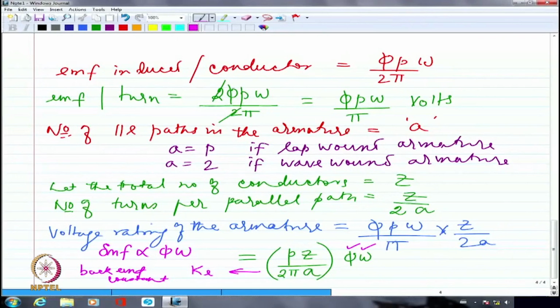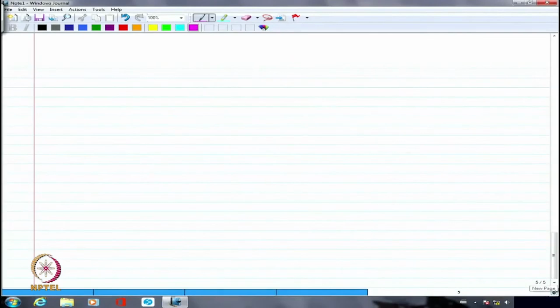Right? Very clearly, this also coincides with d phi by dt. Right? Because d phi is essentially how much is the change in the flux. dt is at what rate the conductors are cutting the flux, right? Obviously, if they are rotating faster, I'm definitely going to have the rate of change of flux being visualized by each of the conductors going to be much higher, right? So, this is the EMF equation of the machine.